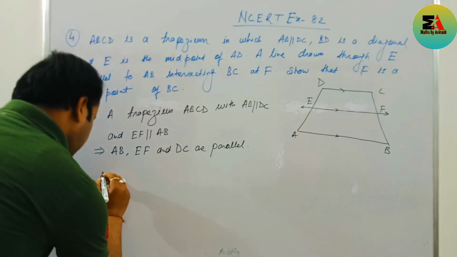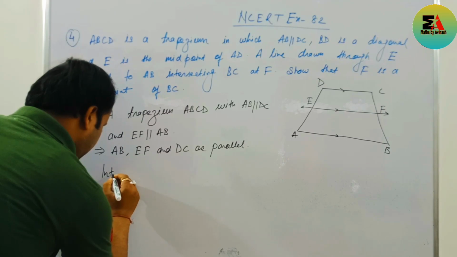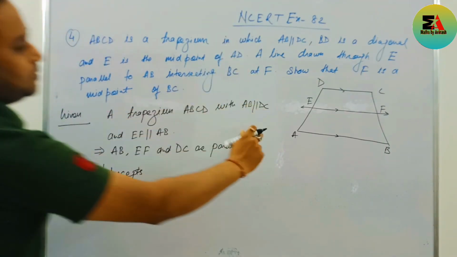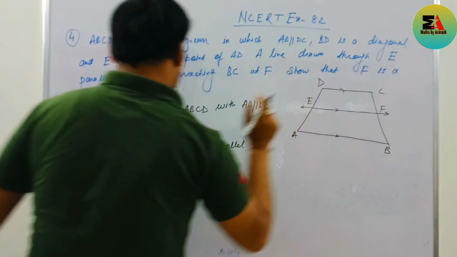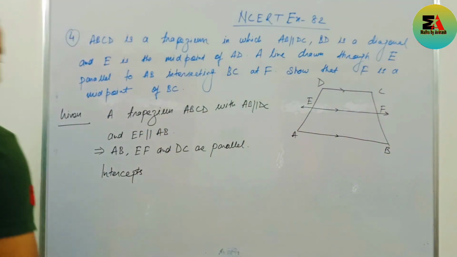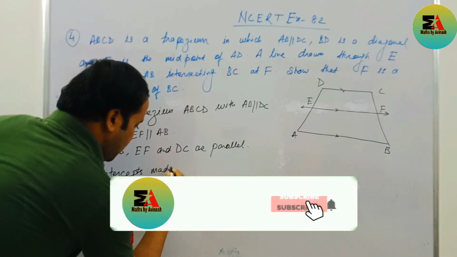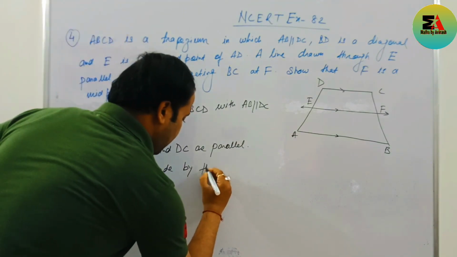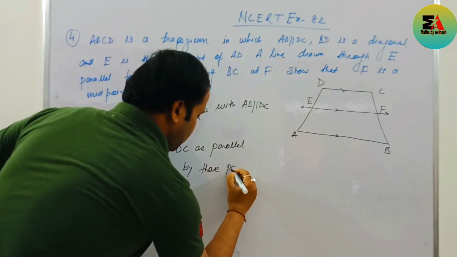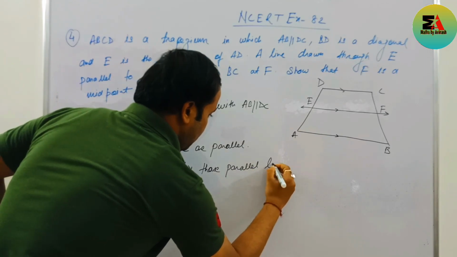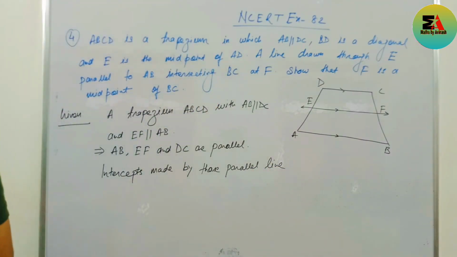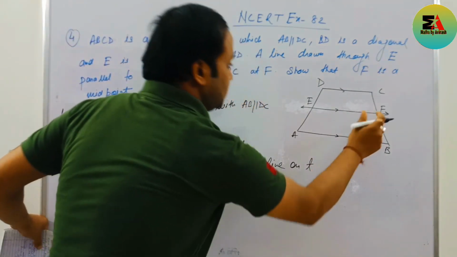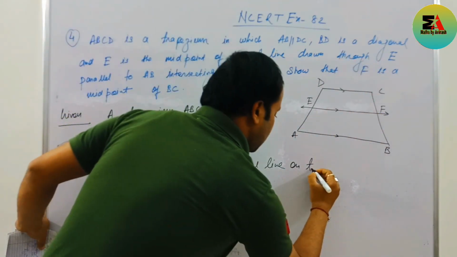Then we have to write a statement about the intercept. Intercept means the intercept made at E and F by those parallel lines on the transversal BC. BC acts as a transversal.